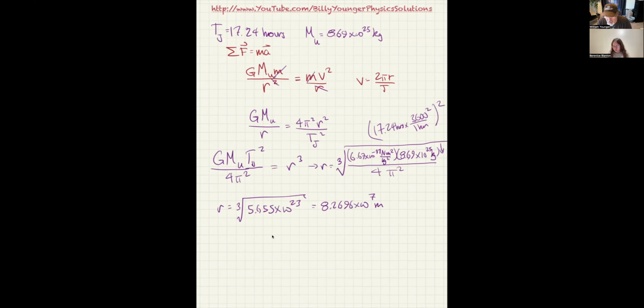If they're asking for the altitude, then you'd have to subtract Uranus's radius out, but they didn't give it to us, so I'm thinking they're actually asking for the radius of the orbit, and that should be 8.27 times 10 to the seventh. So it's just the radius of the orbit of the satellite revolving around the planet Uranus. Exactly.